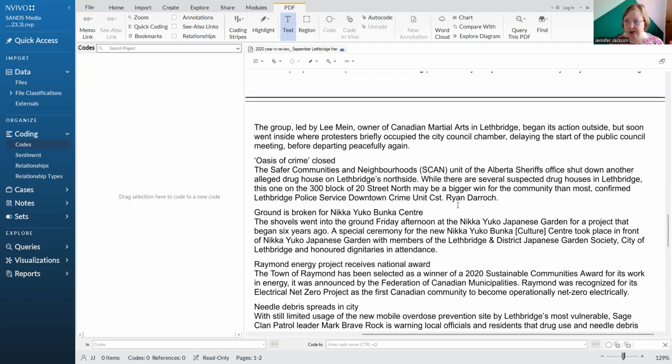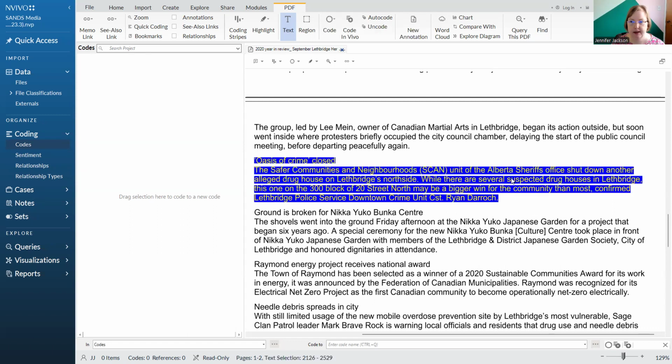So there's no concerns about ethics with me showing you this, because you can Google this and find this online from a local newspaper anytime you wanted. So I'm going to look at one section here. Oasis of crime closed. This is the piece I'm talking about.